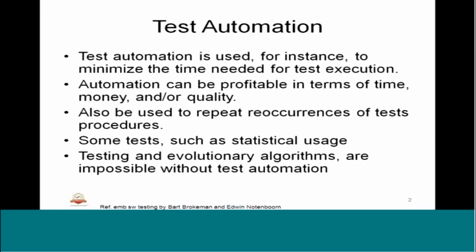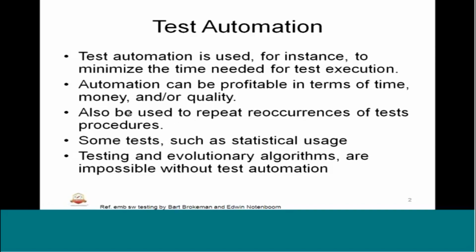Automation is very profitable in terms of time, money, and quality, but it needs an initial investment of time, one time. Once it is done, the framework is available. It's much easier to maintain as well as run the tests automatically. So very little human intervention is required in terms of testing, and also it can be used to repeat recurrences of test procedures.